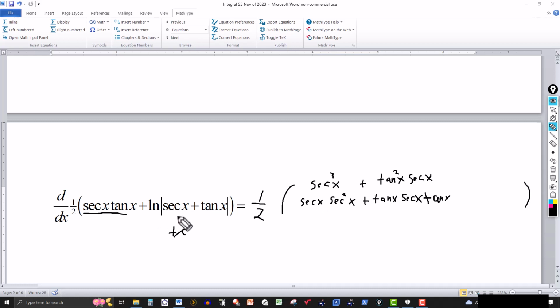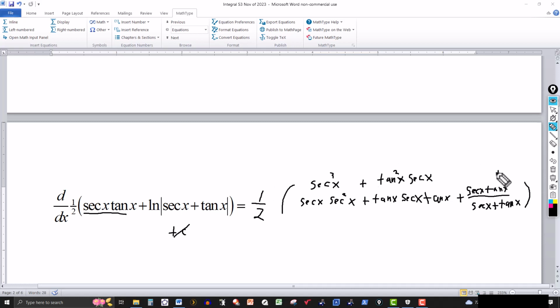And then on the natural log of secant x plus tangent of x, the derivative of that is whatever we have in the absolute values, that goes in the denominator. So this will be secant of x plus tangent of x. And then in the numerator, we put the derivative of secant of x plus tangent of x. So the derivative of secant is secant of x, tangent of x, and the derivative of tangent is secant squared.